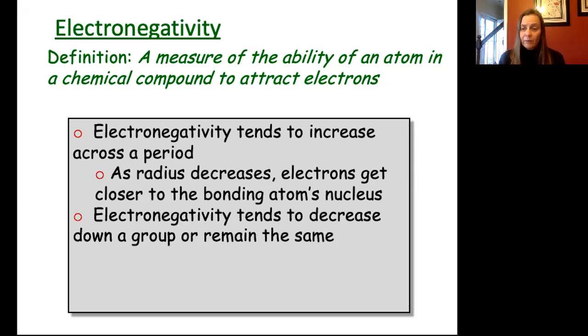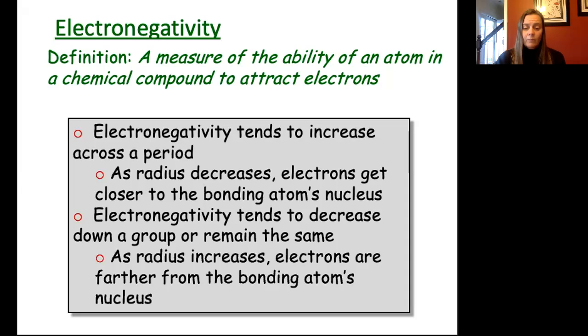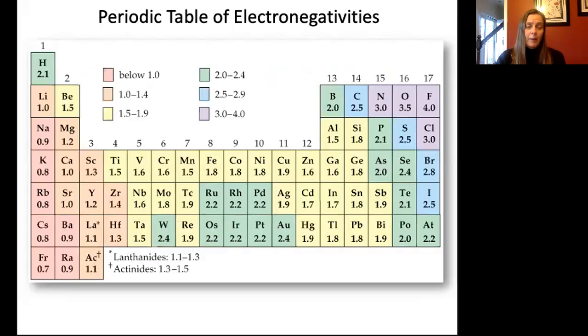And as we go down a group and the electrons are farther and farther away from the nucleus, that electronegativity tends to decrease or remain the same. So we can see our periodic table of electronegativities. Again, like with electron affinity, we've ignored the noble gases. You'll notice they're not even on this table. We do have values for everything.